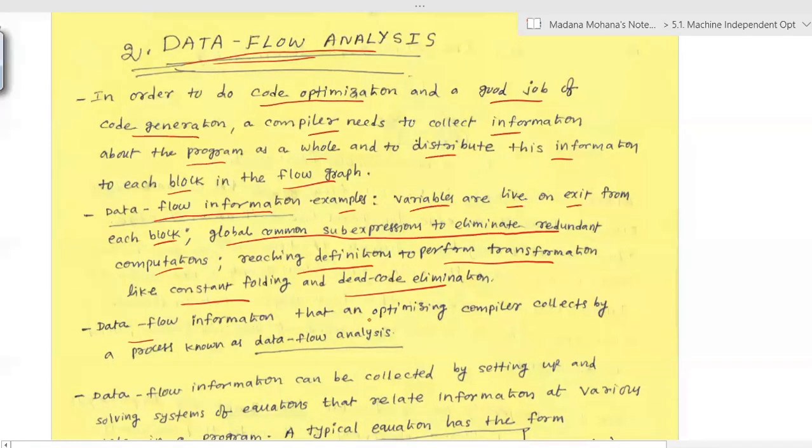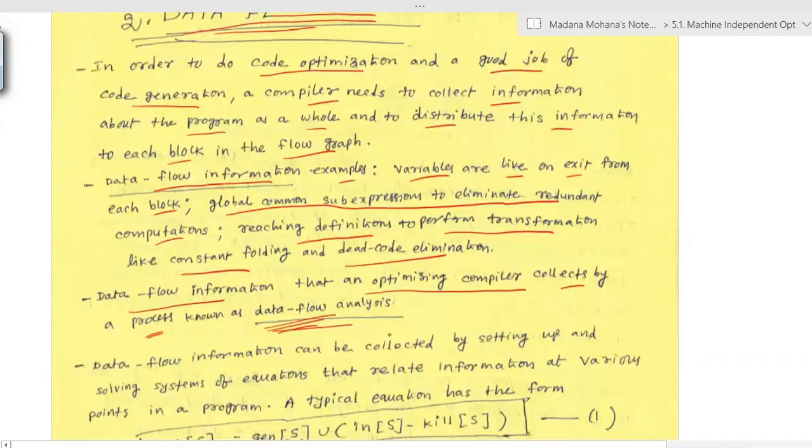The data flow information that an optimizing compiler collects by a process is known as data flow analysis. That is the concept of data flow analysis.